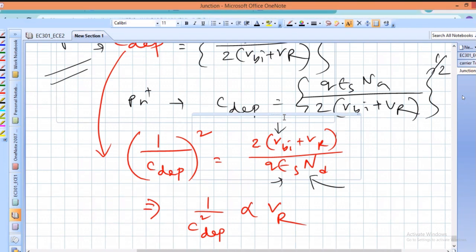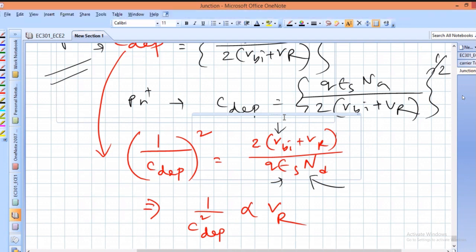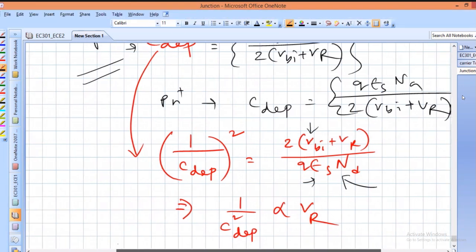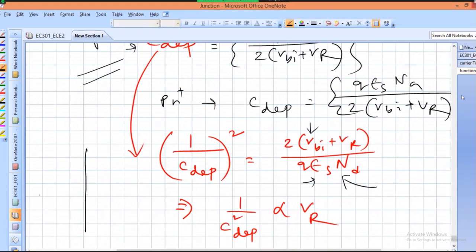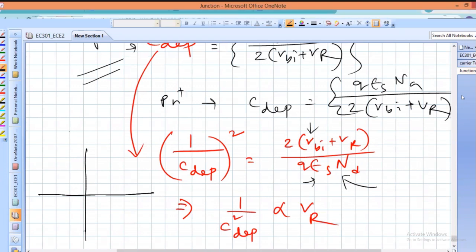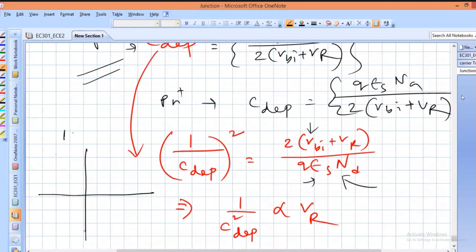there is a dependency of the capacitance on the reverse bias voltage, and if I just plot this, I'm just doing this on my left hand side, using this equation. So suppose this is 1 by C depletion square, and this side is Vr.